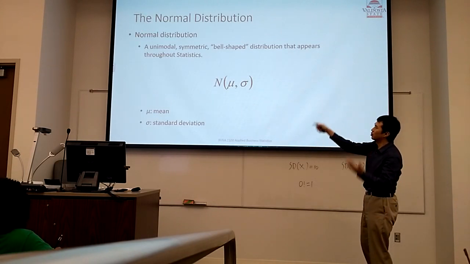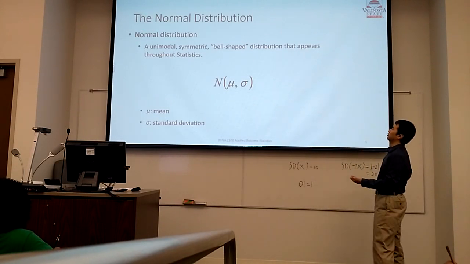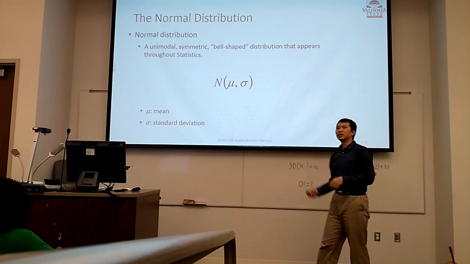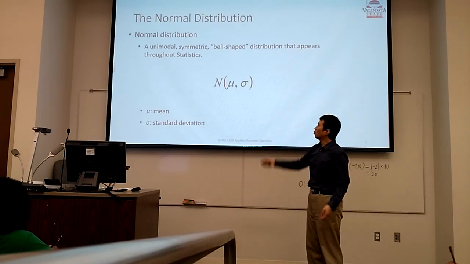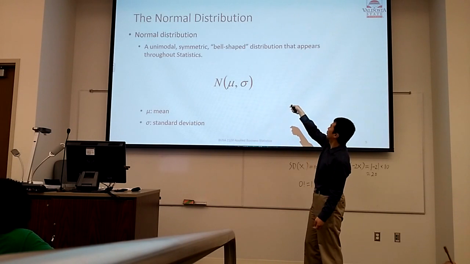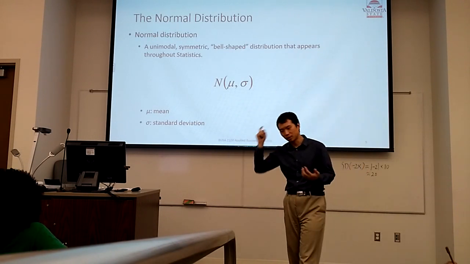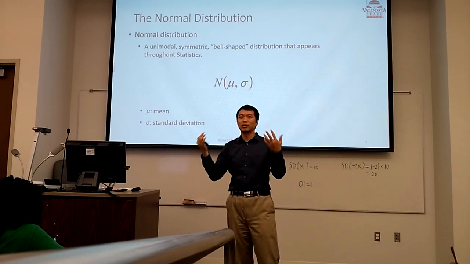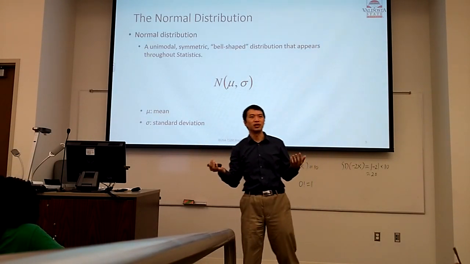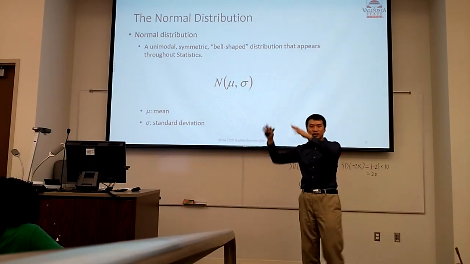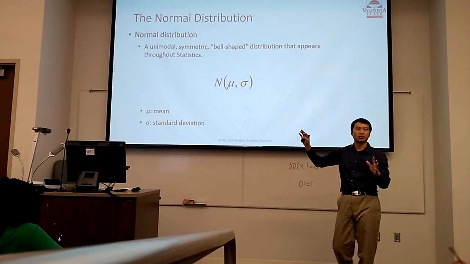It's a unimodal, symmetric, bell-shaped distribution. But it doesn't mean all distributions of this type are normal distributions. In later chapters, we will learn another distribution, the t distribution, which has a similar shape but is different.